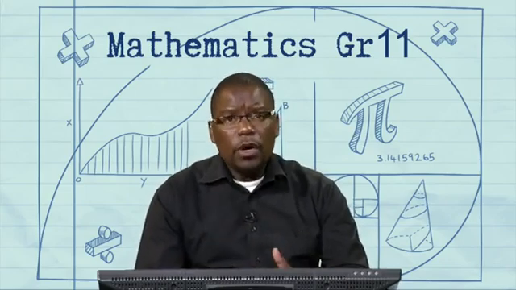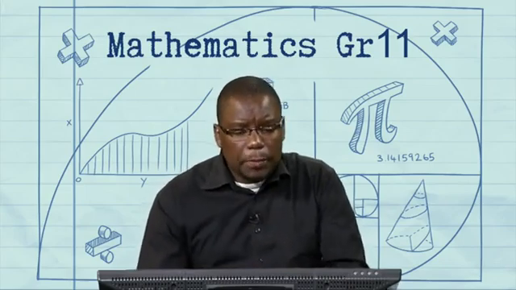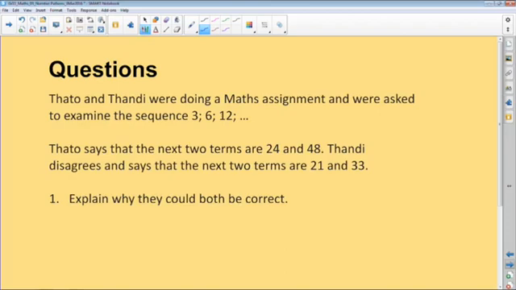Okay, now the question that we're about to do talks about Tato and Tandi. So Tato and Tandi were doing a maths assignment, and we're asked to examine the sequence 3, 6, 12. Tato says that the next two terms are 24, 48. And Tandi disagrees and says that the next two terms are 21 and 33.